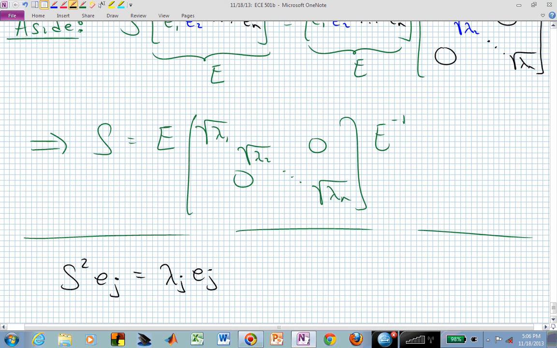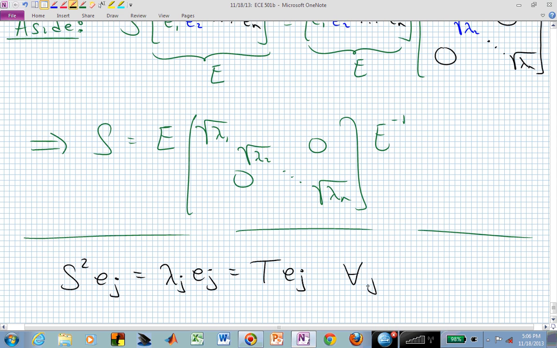I kind of like that, lambda j E_j. I don't know why. It sounds like a name or something. So now we have this character E_j. It's E sub j. But lambda sub j E sub j is the j eigenvalue eigenvector of T by definition. So this is now T E sub j.